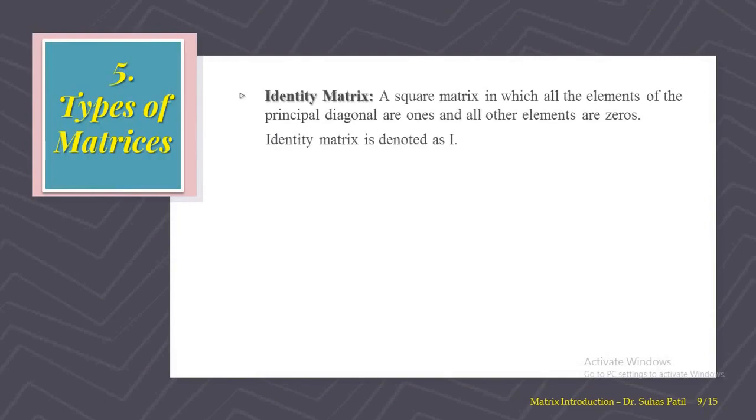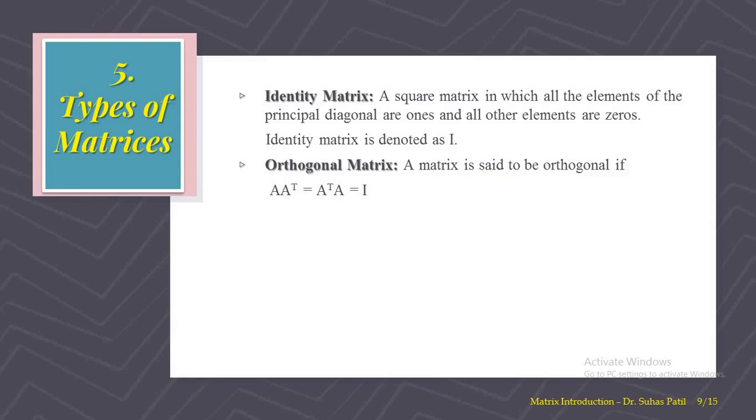A square matrix in which all the elements of the principal diagonal are 1 and all other elements are 0 is called an identity matrix. The identity matrix is denoted by the capital letter I. In simple words, we call it a unit matrix.